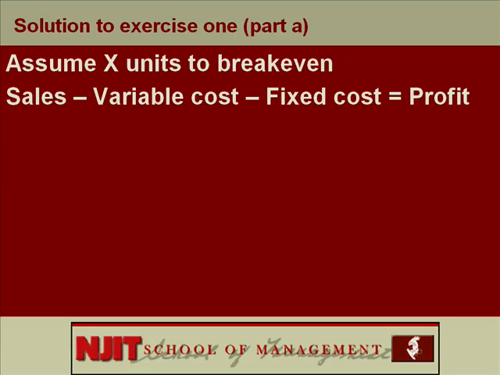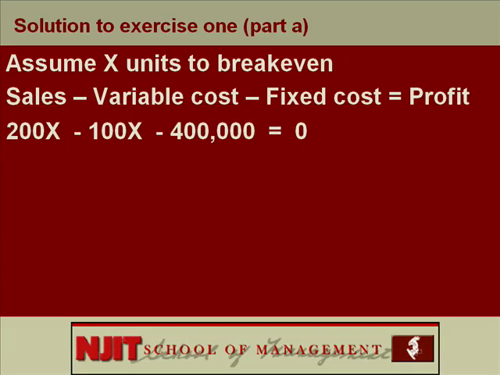So what's the sales revenue? It's $200 per unit. So for X, the sales revenue is 200X. The variable cost is $100 per unit. So X units is 100X. The fixed cost is $400,000. We're talking break-even point. The profit at break-even is 0.